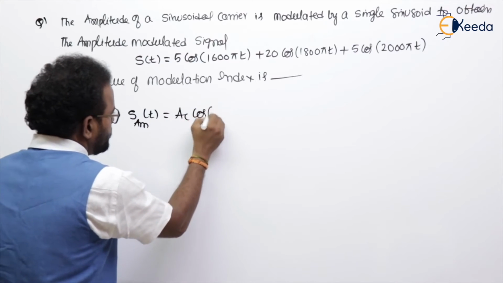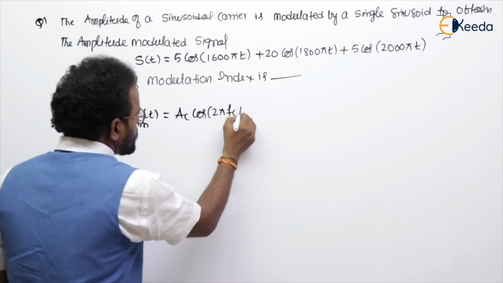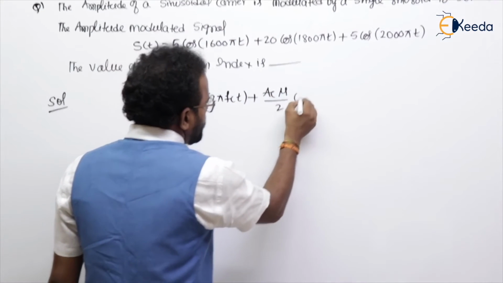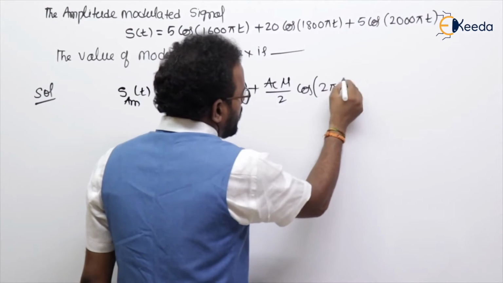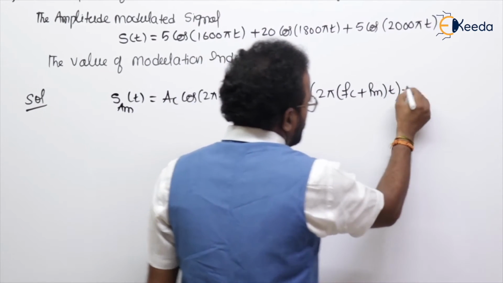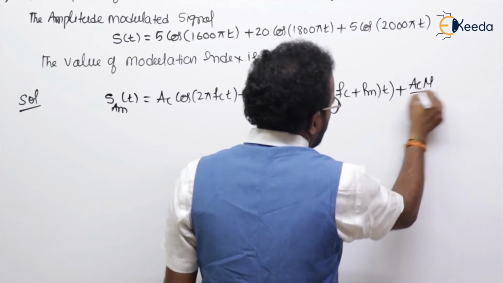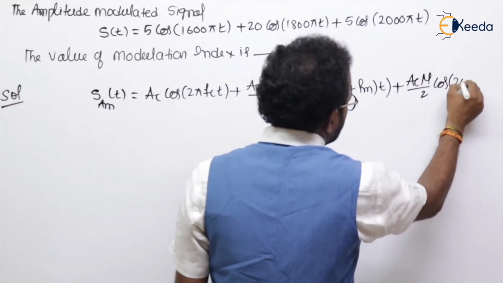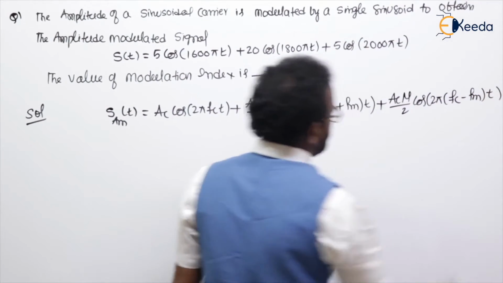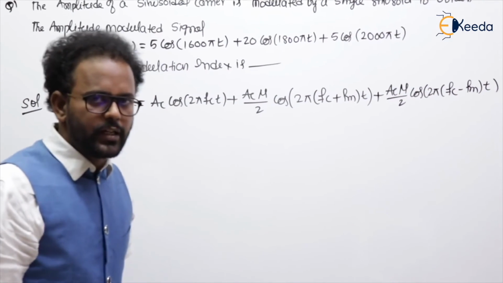Ac cos 2 pi fct plus Ac mu by 2 cos 2 pi (fc plus fm)t plus Ac mu by 2 cos 2 pi (fc minus fm)t. This is the standard expression.